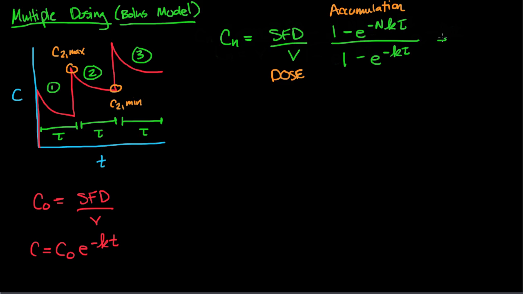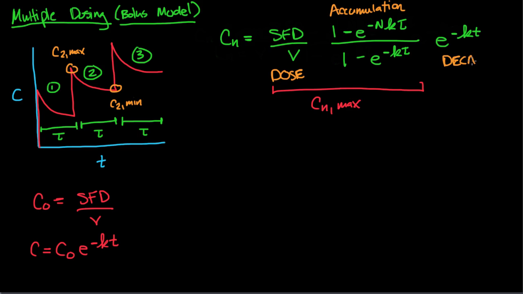Take notice that I put t instead of tau, because this is not the dosing interval. This is the time t after you administer the medication. So the concentration of the dose times the accumulation is actually going to be Cn max, and then that final term is talking about how much of that drug decayed inside your body.